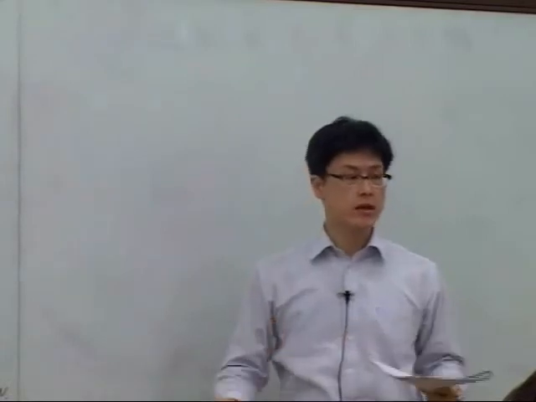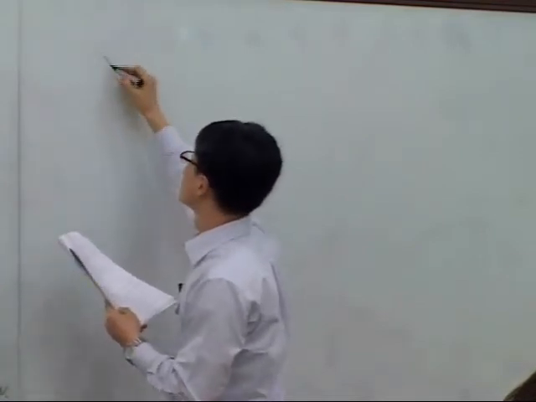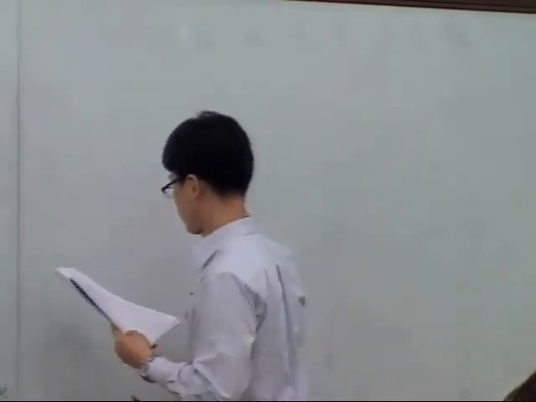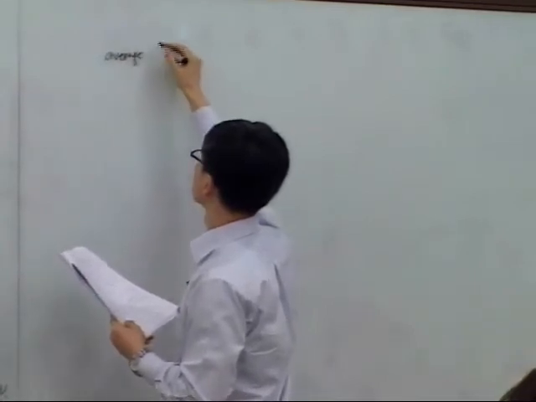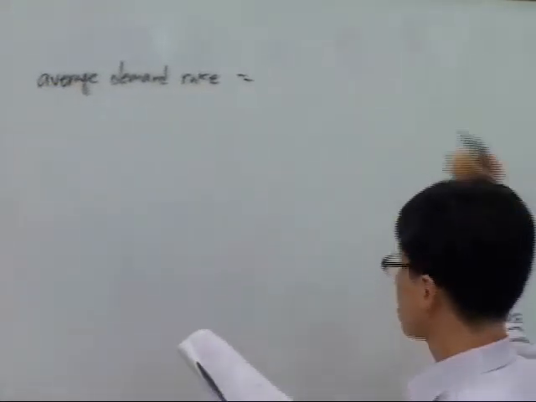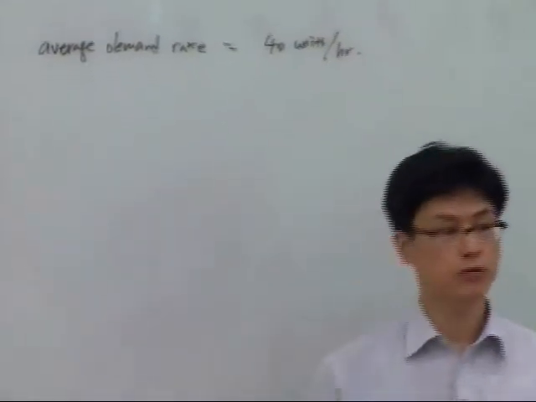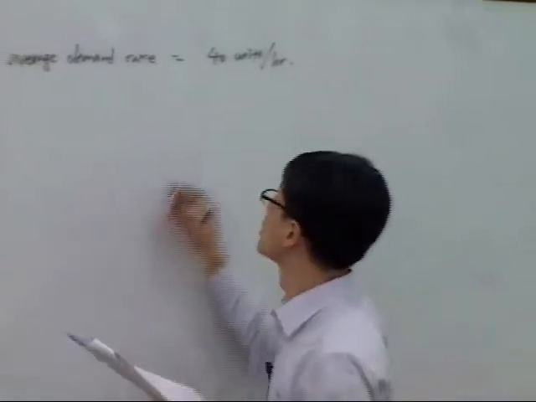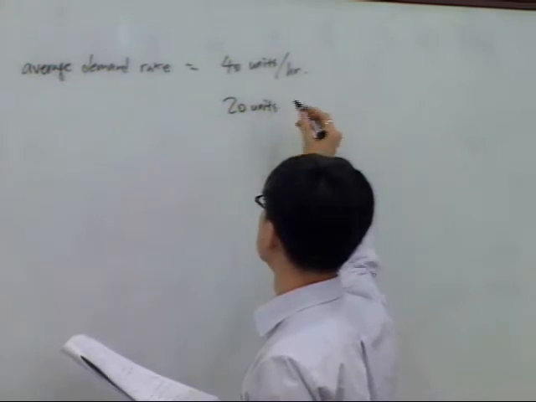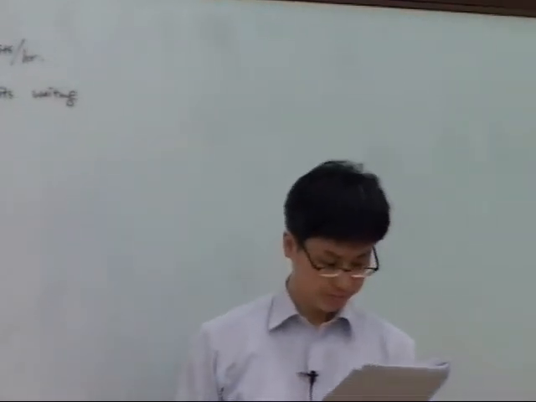So let's think about some examples. There is an assembly line, and average demand rate is about 40 units per hour. And let's assume there are 20 units waiting in the line. Okay?